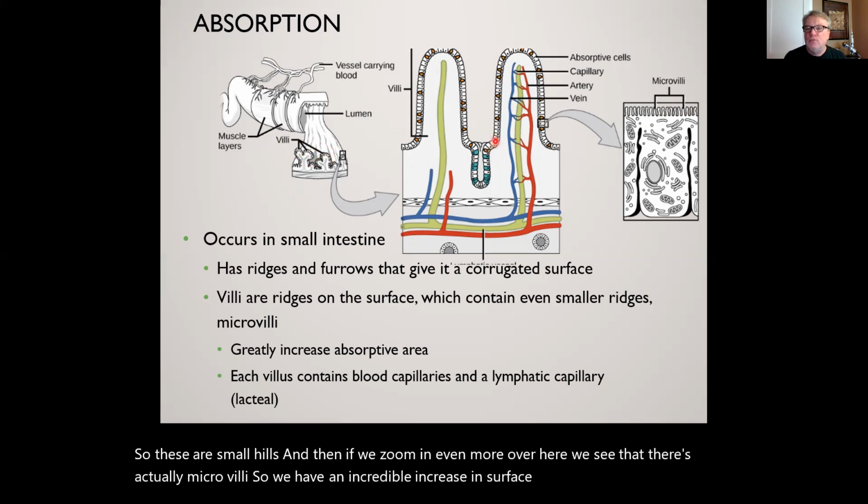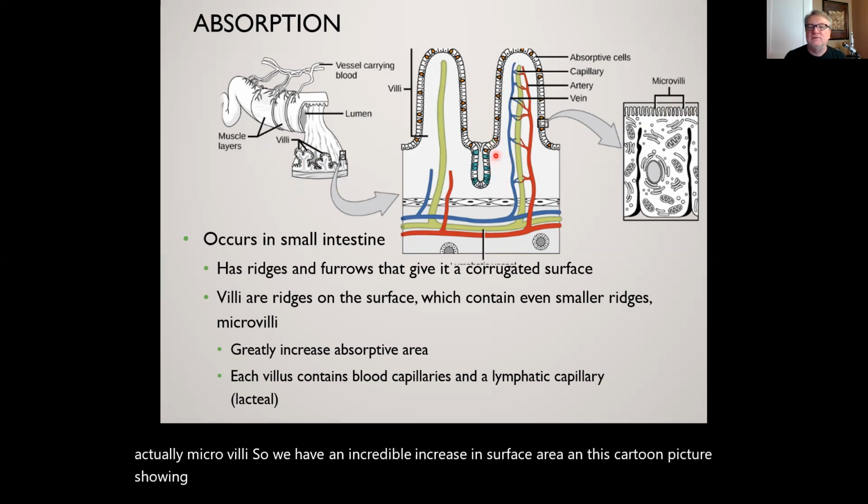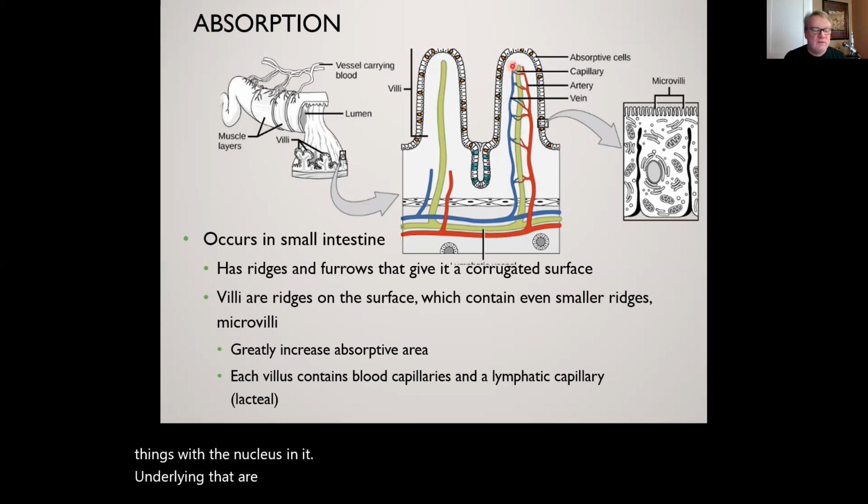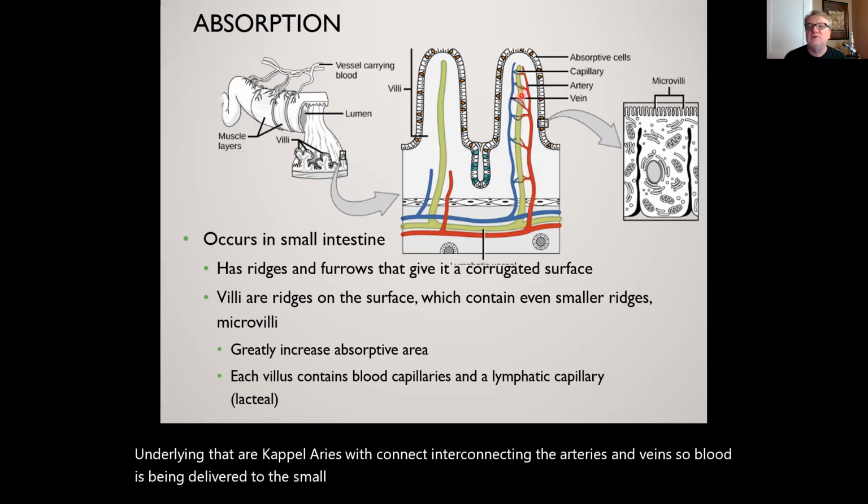And this cartoon picture shows individual epithelial cells, these rectangular things with the nucleus in them. Underlying that are capillaries interconnecting the arteries and the veins. So blood is being delivered to the small intestine through the arteries.